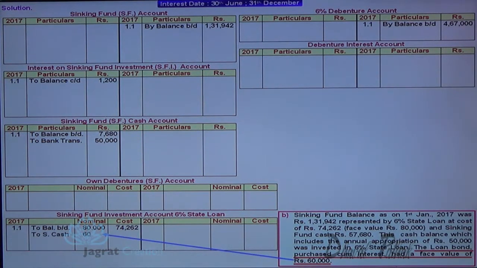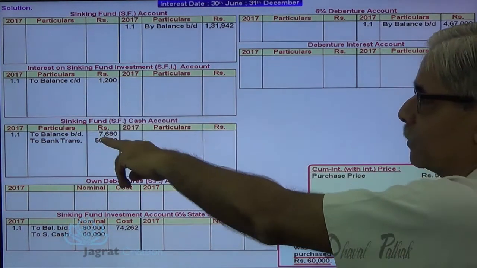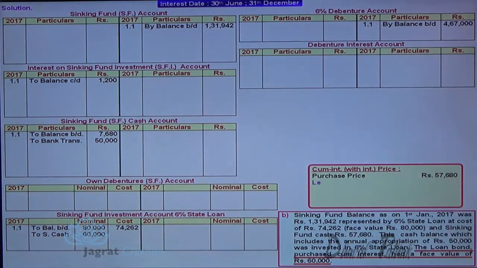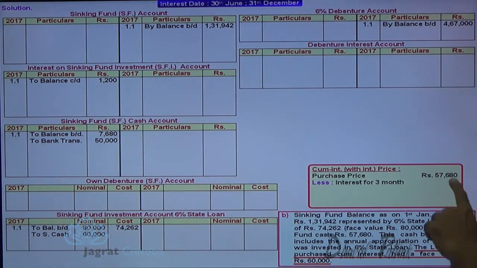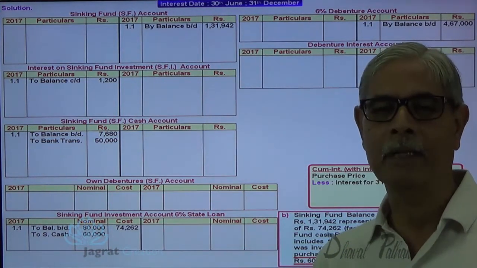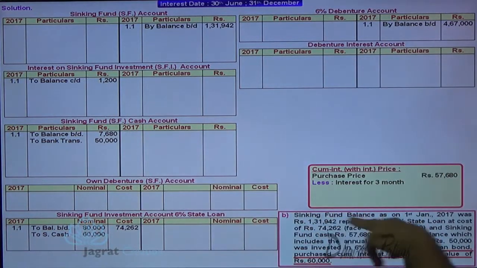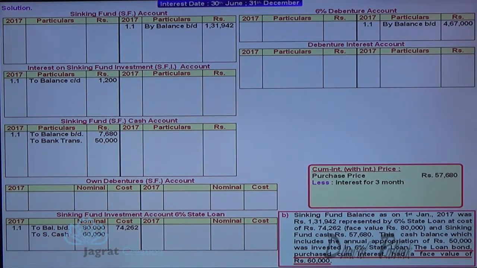So face value of investment purchase 60,000. The cum interest purchase price is 57,680. Last interest paid on this loan was 30th September, and this transaction has occurred on 1st of January. So 3 months interest is to be paid.